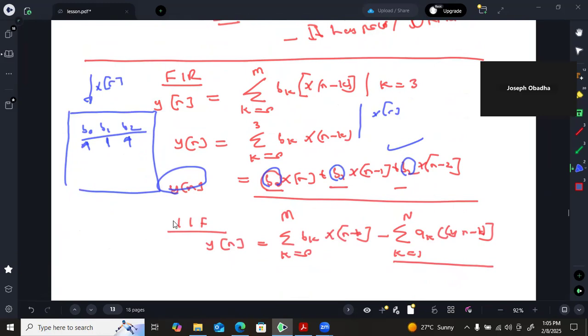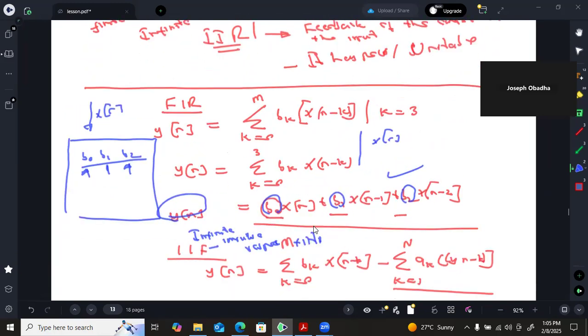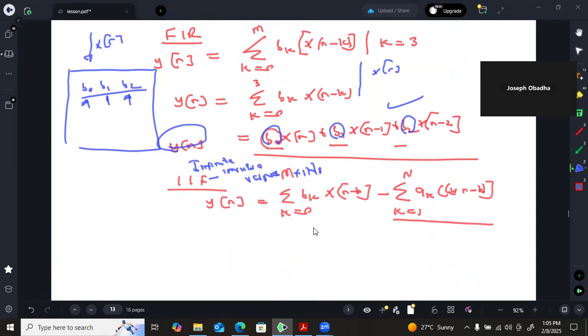And for the infinite impulse response filter, you can see there are two sets of coefficients.